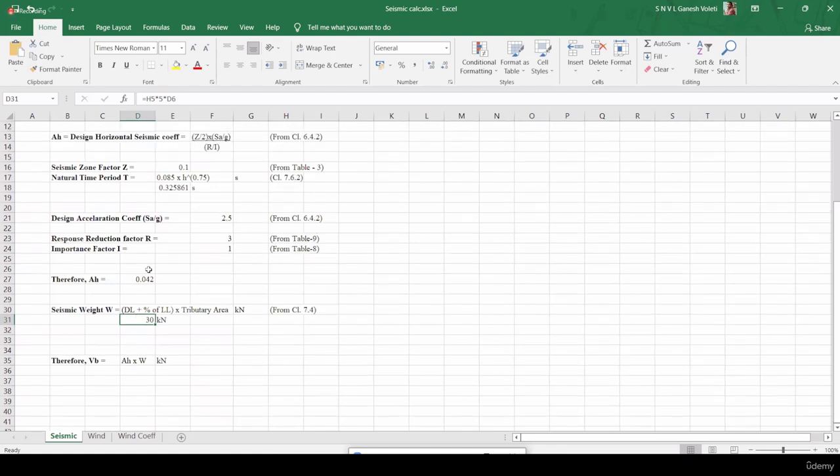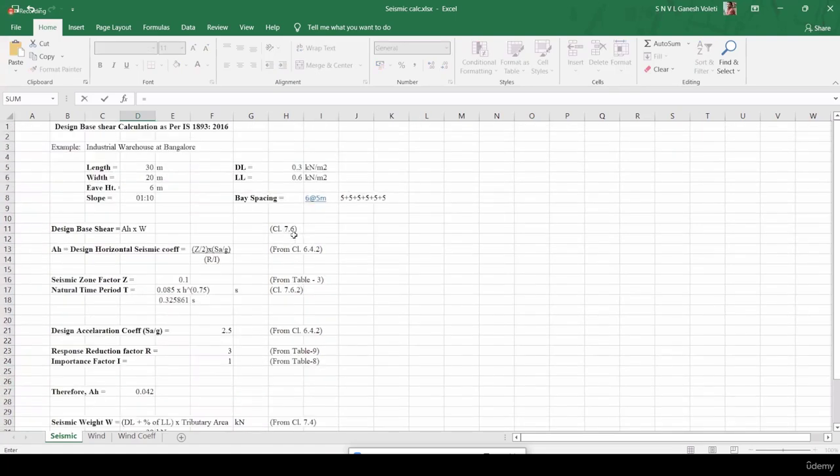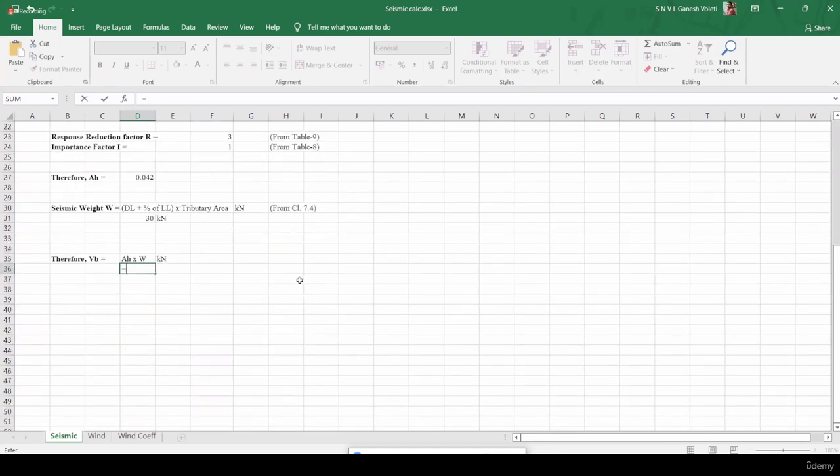Now we have Ah here and we have seismic weight here. Design base shear will be Ah into W, as mentioned in clause 7.6 I have shown previously.